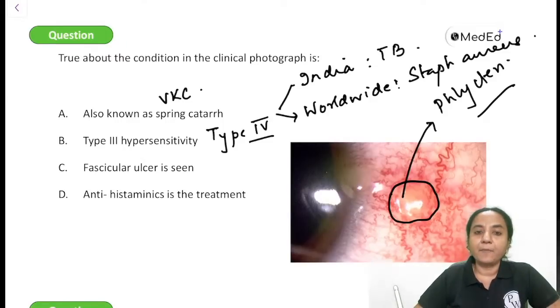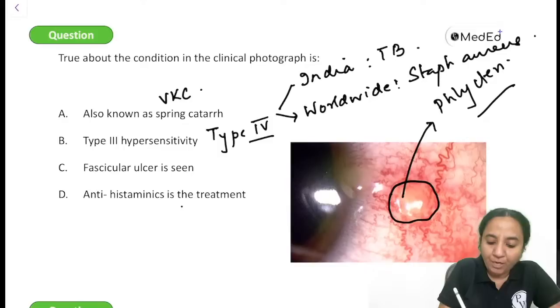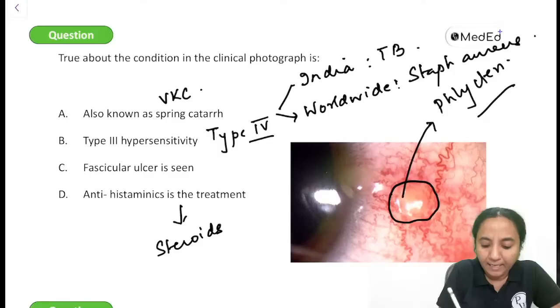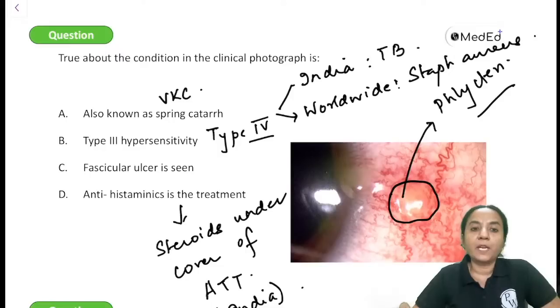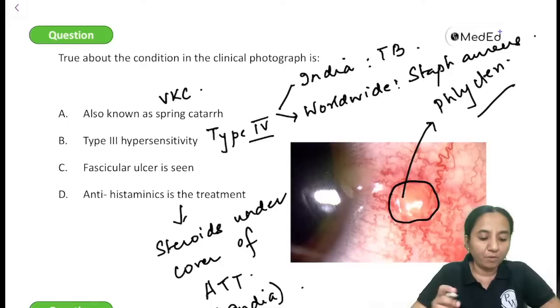And antihistaminics are not the treatment. The treatment is actually steroids under the cover of ATT in India, that is, steroids under the cover of anti-tubercular therapy, because as I said, the most common association in India is tuberculosis. So all this is wrong. It's not spring catarrh, it's not type 3 hypersensitivity, antihistaminics are not the treatment.